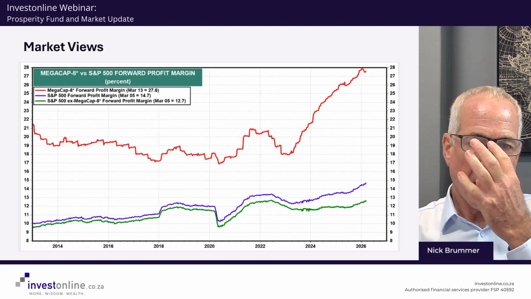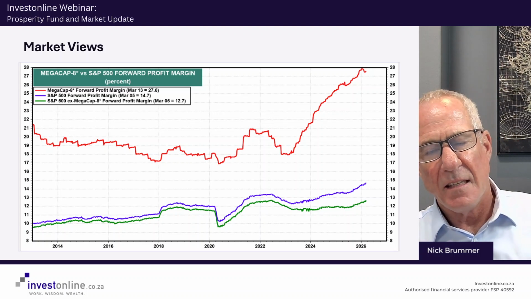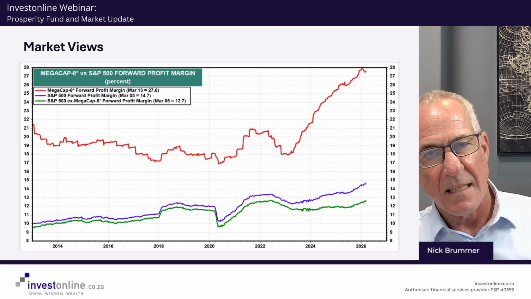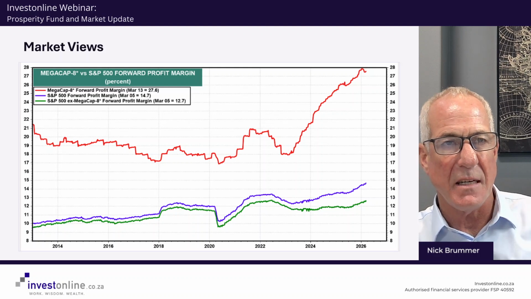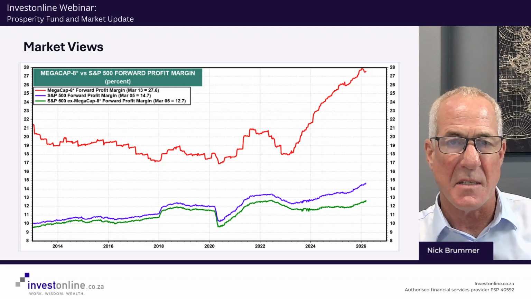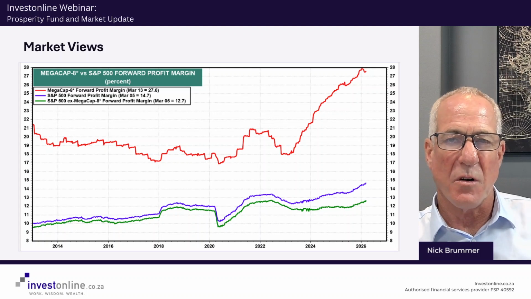The one issue I want to highlight, with markets being so high, is the profitability of global companies, and we're just going to look at the S&P. The S&P makes up 70% of the world index. This chart shows the operating profit margins of US companies.